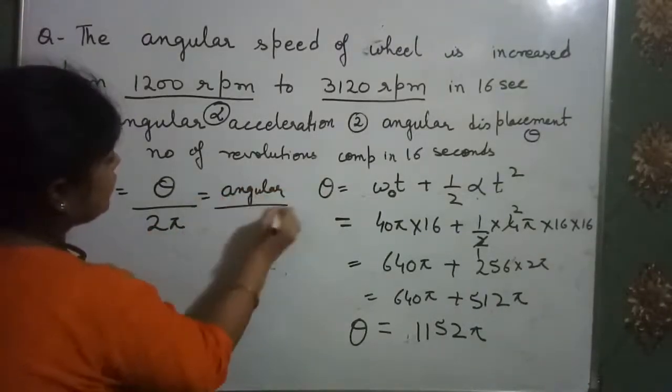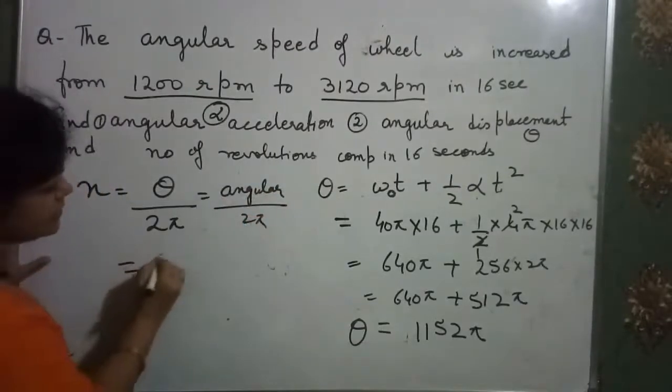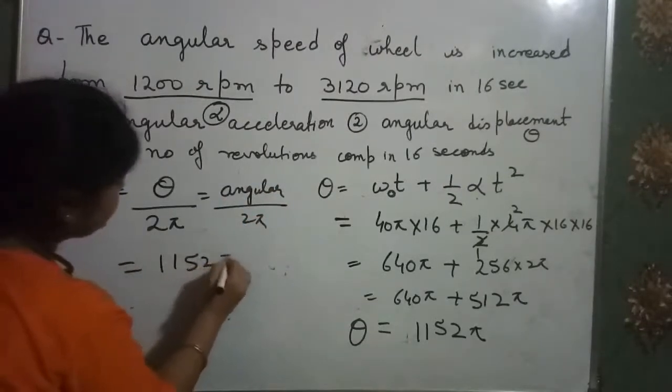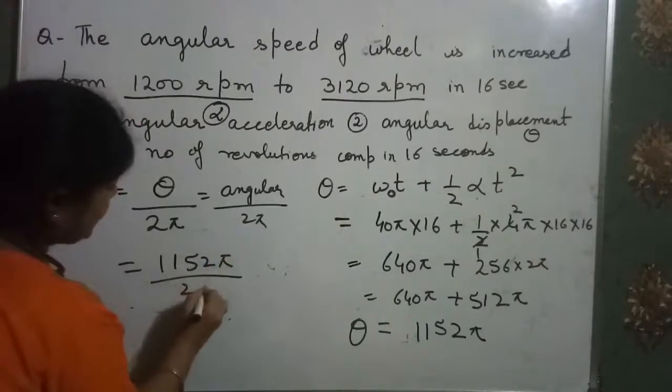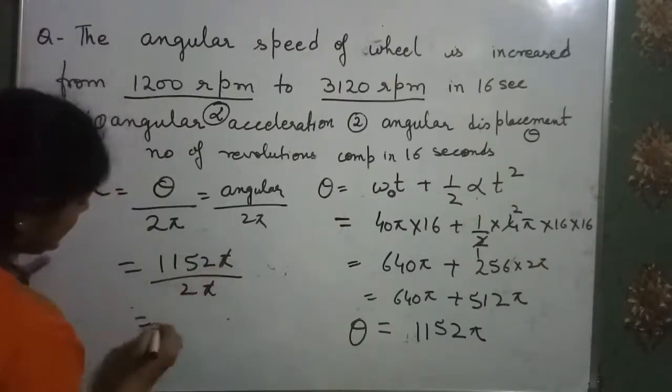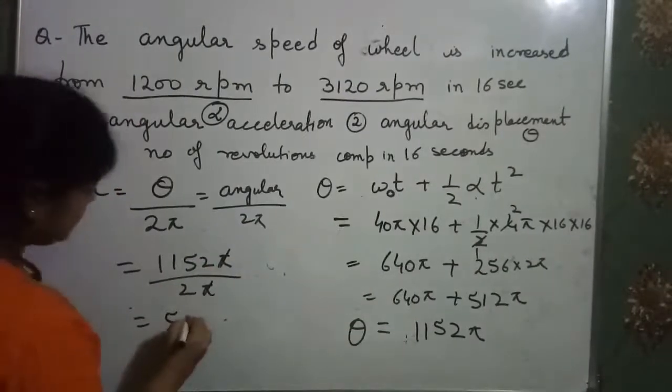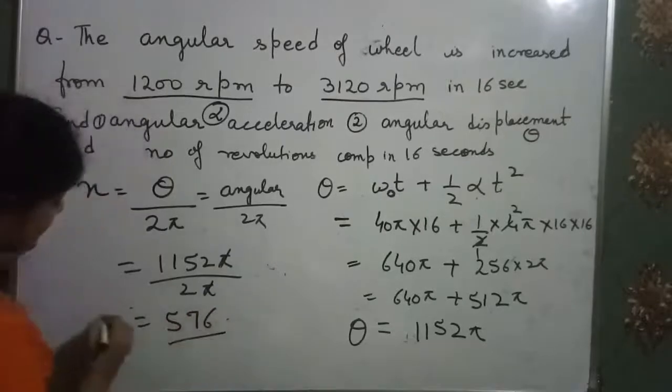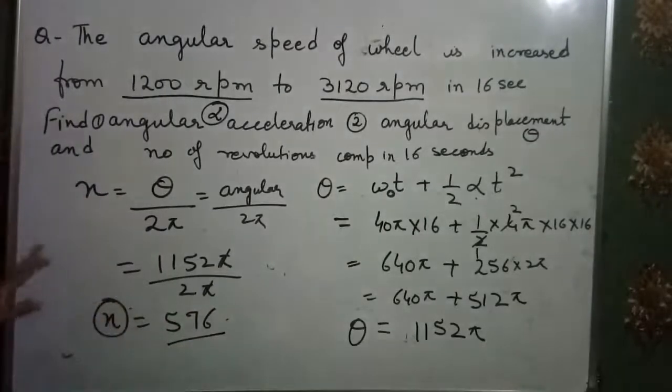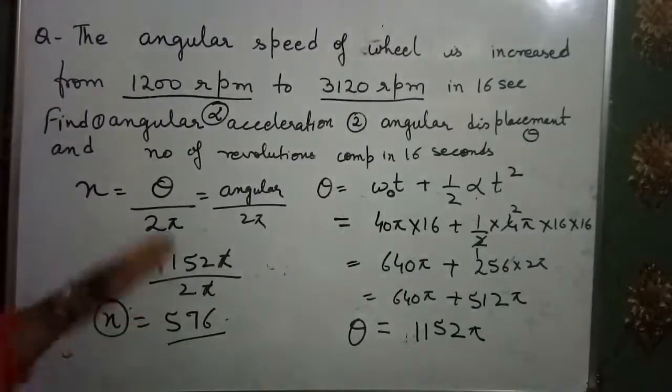So angular displacement is 1152 pi over 2 pi. Divided, we have 2 5s are 10, 2 7s are 14, and 2. So 576 revolutions in 16 seconds are done by the wheel.